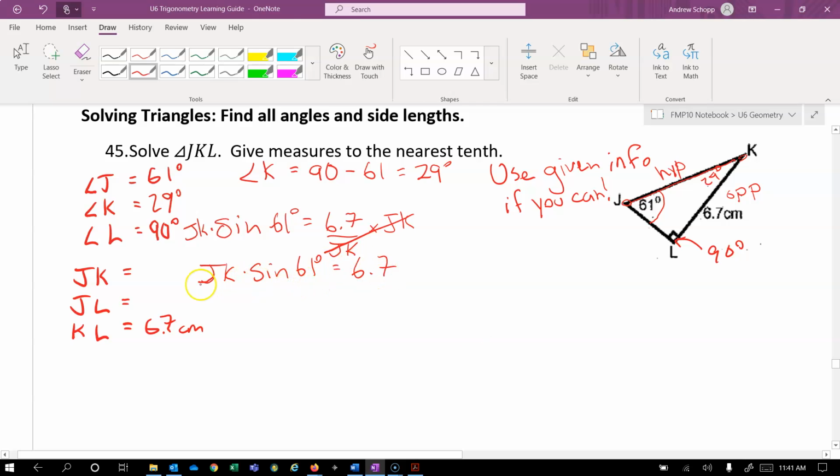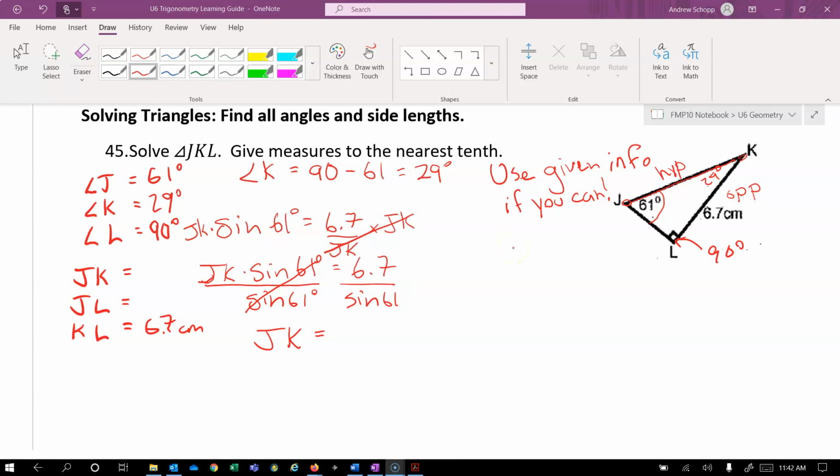And we now want to get JK on its own, but it's being multiplied by sine of 61, so we're going to do the inverse of that, and we're going to divide by the sine of 61 on both sides. These will simplify to be 1, and JK is now equal to 6.7 divided by the sine of 61.